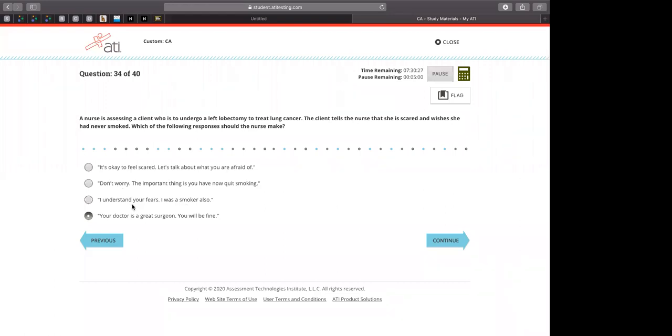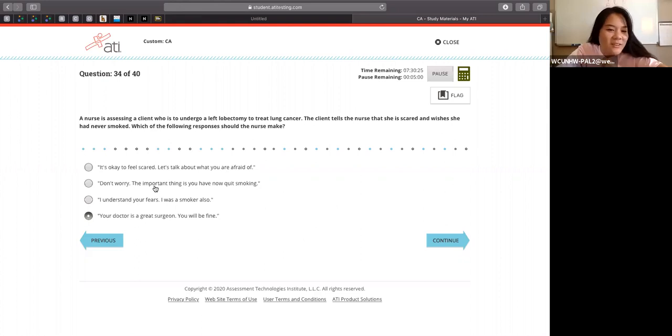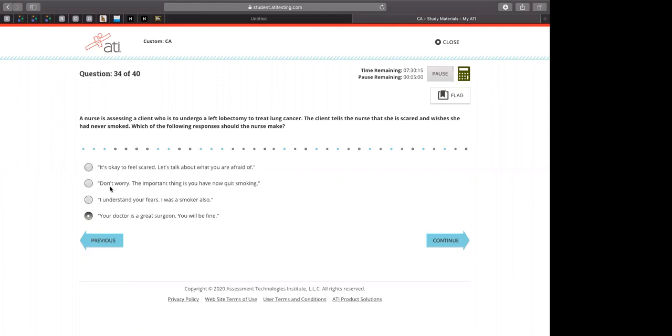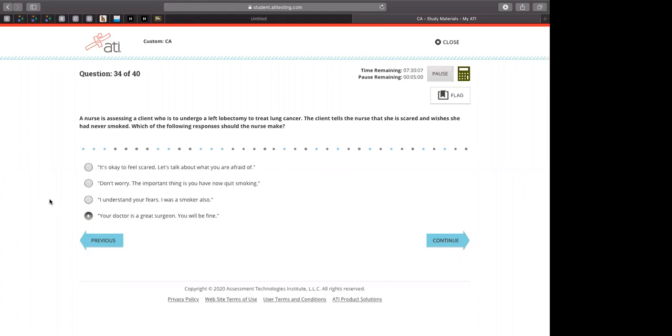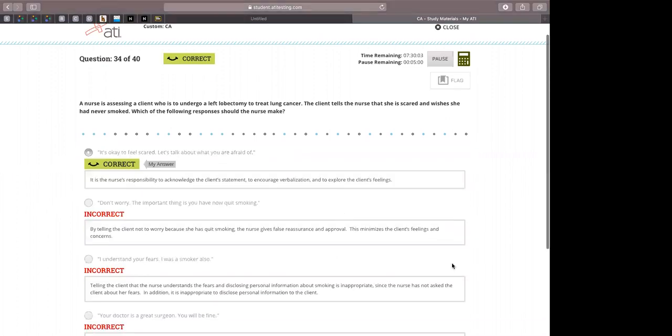That's too much information. Don't worry. The important thing is that you have now quit smoking. It's okay to feel scared. Let's talk about what you are afraid of. Don't worry. That's kind of like false reassurance also, right? What do you guys think it is? A. Yeah. Let's talk about your fears.